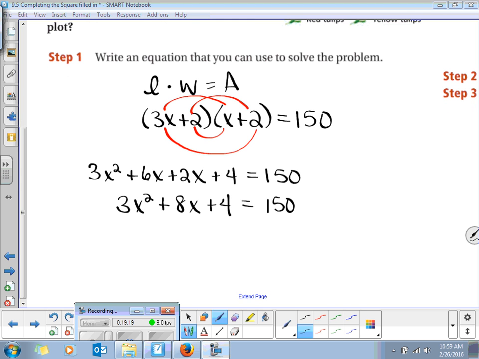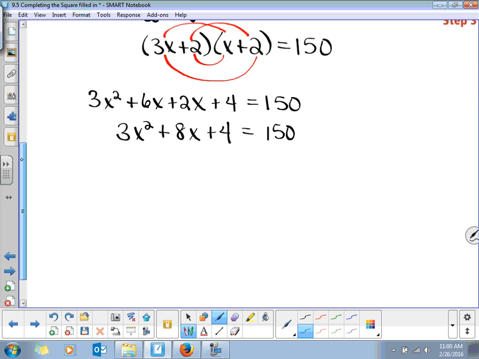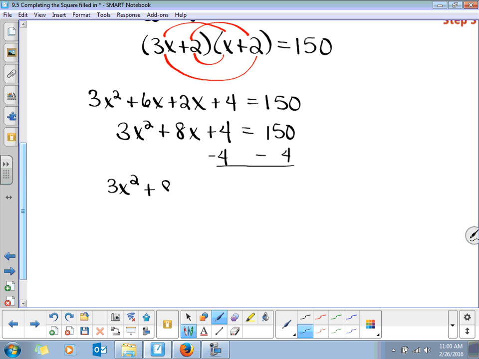All right, so now we need to have a space so that we can complete the square, right? So I want to get rid of that 4. So we're going to subtract 4 here, and we'll subtract 4 there. So this is going to give me 3x squared plus 8x is equal to 146.